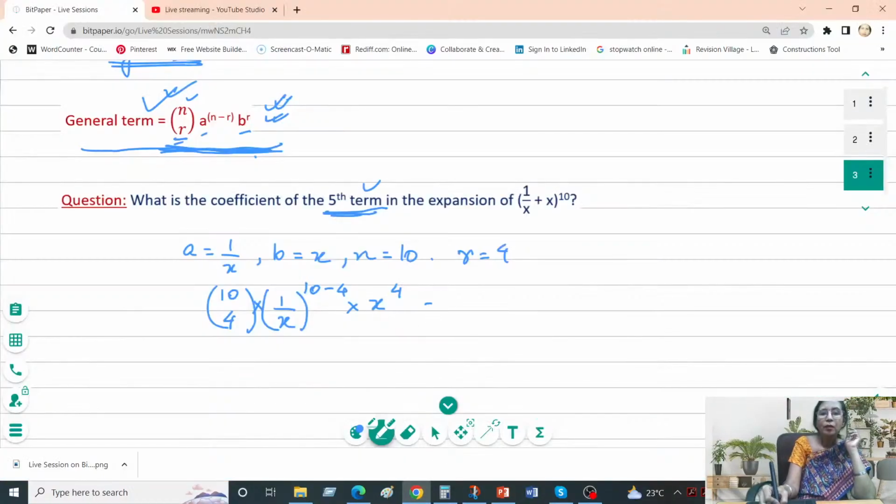So this is equal to, let me just write the expression at least for 10C4. It will be 10 factorial over 4 factorial times 10 minus 4 factorial.